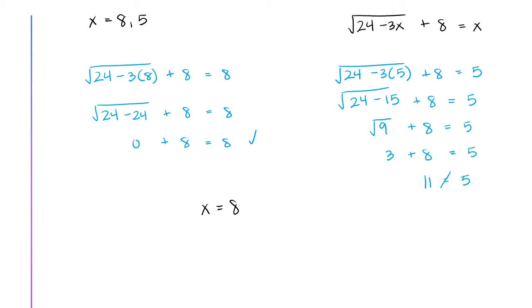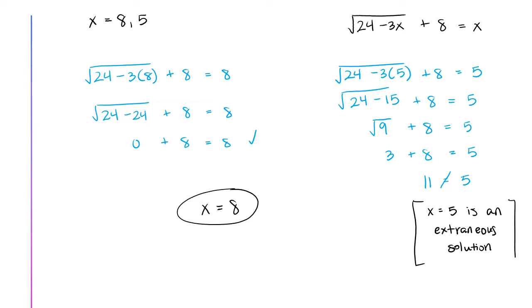We would describe 5 as an extraneous solution, meaning it's actually not valid. So x equals 8, that's our final answer. We generally don't need to actually write anything about our extraneous solutions. I just want to call out that that's where that one went.